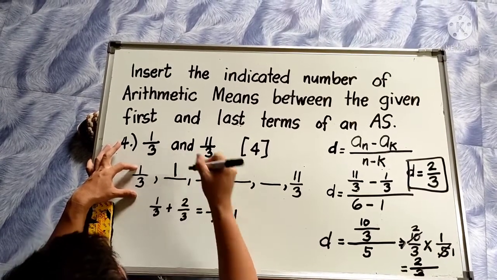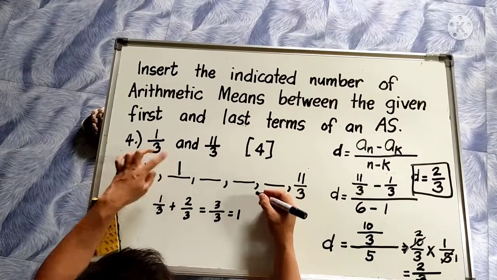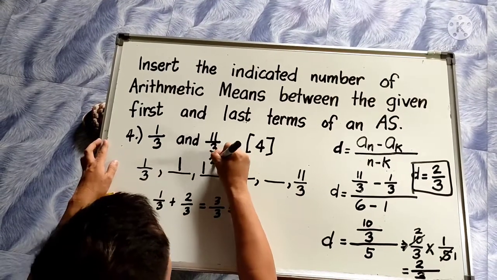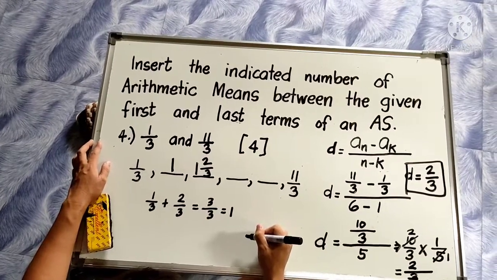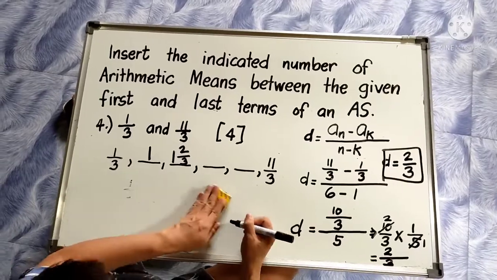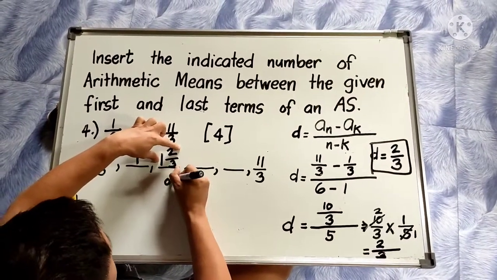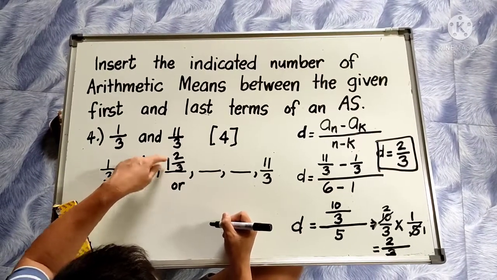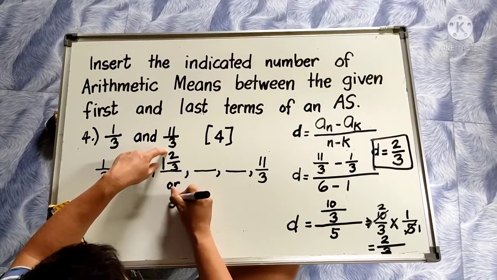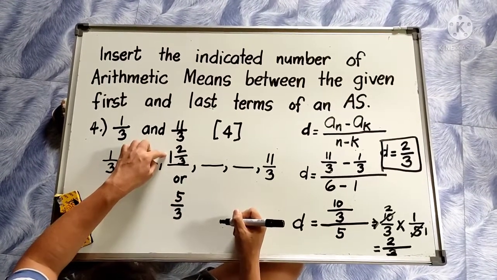So we put it here, 1. 1 plus 2/3 is 1 and 2/3. Or you change it to fraction, 3 times 1 is 3 plus 2, 5. So that is 5/3. You can have 5/3 or 1 and 2/3.